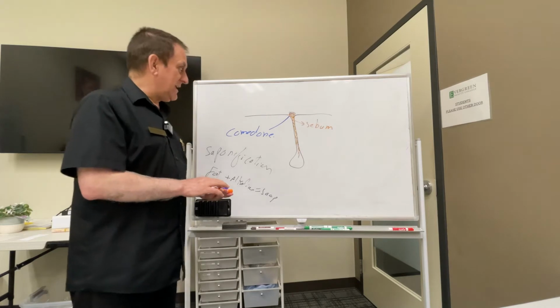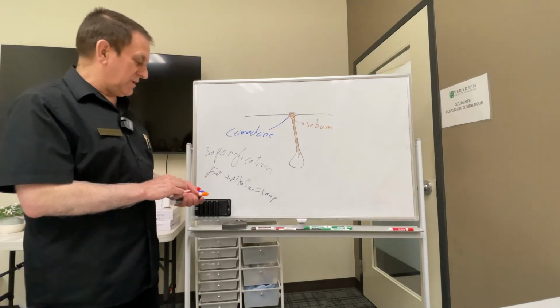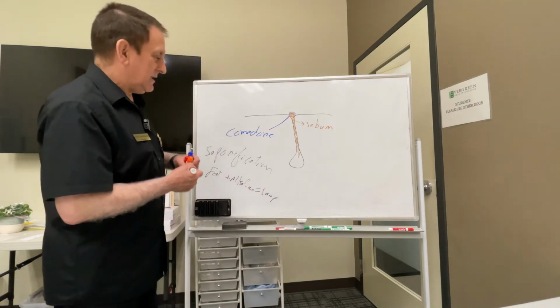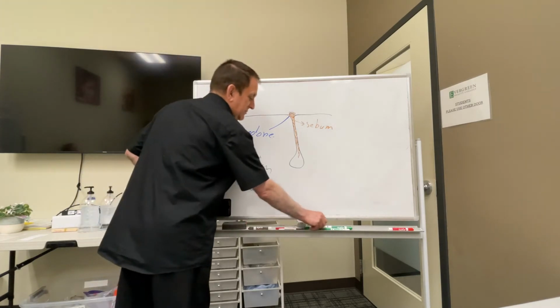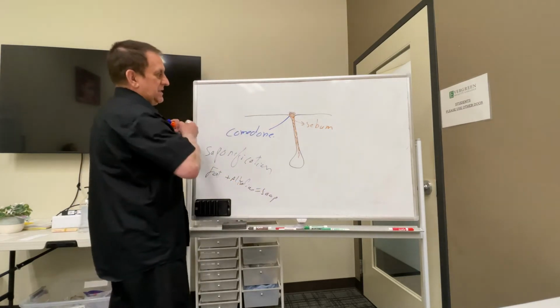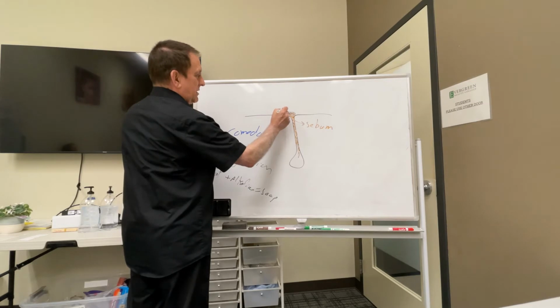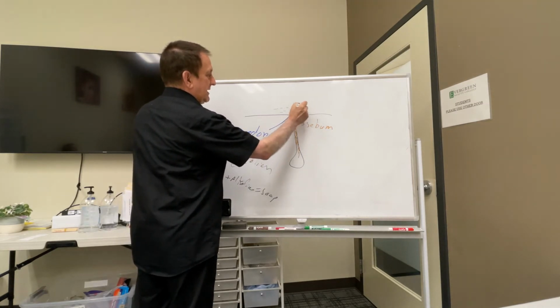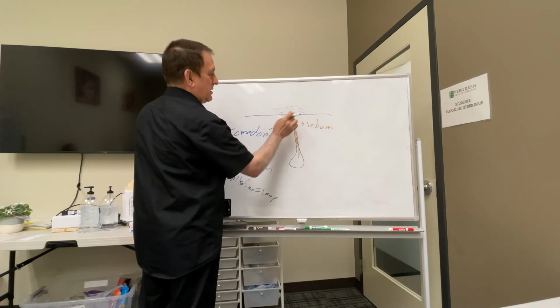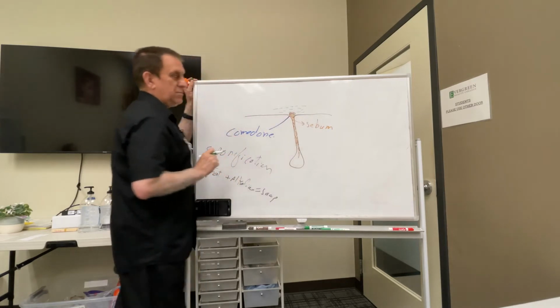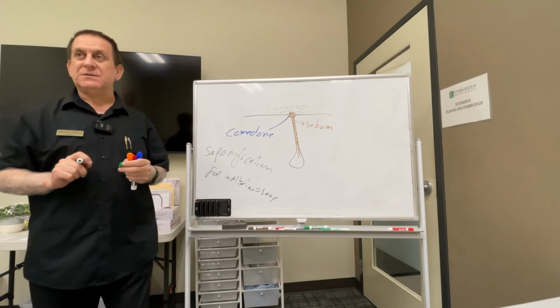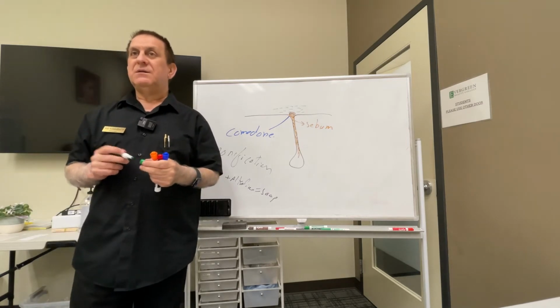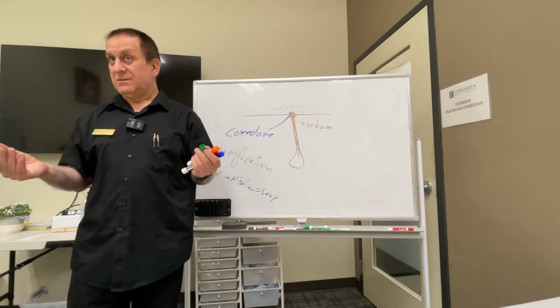What happens if I add some alkaline to this mixture? Then I have some alkaline, or it's called lye. And if I mix this alkaline with this sebum, which is fat, what do I get? Soap. I get soap. Yes?